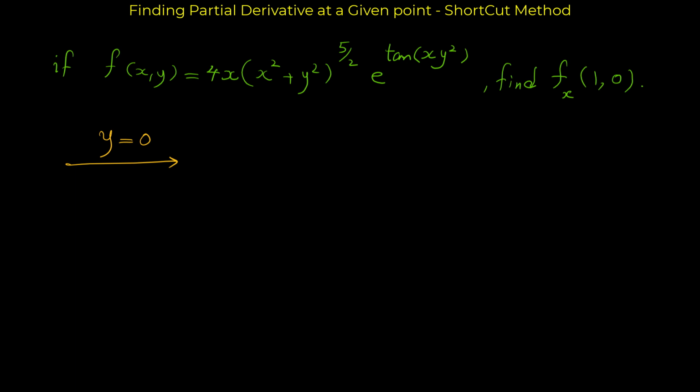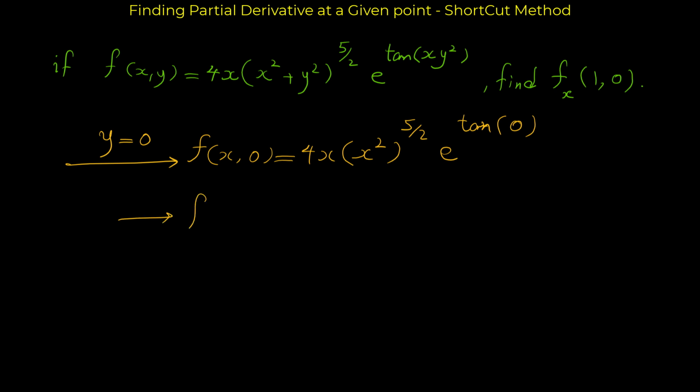So by plugging in 0 for y, what do we have? f of x comma 0 would be 4x times (x^2 + 0), which is just x^2, to the power of 5/2 times e to the power of tangent of 0, because 0 times x is also 0. But we know that tangent of 0 is 0. e to the power of 0 is 1.